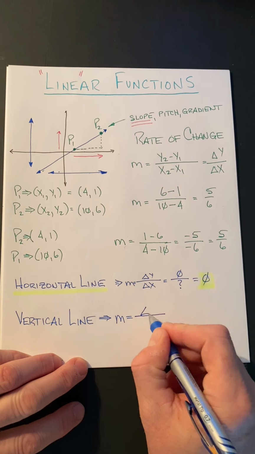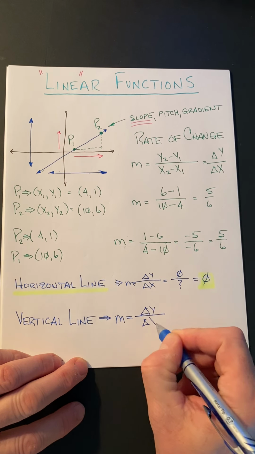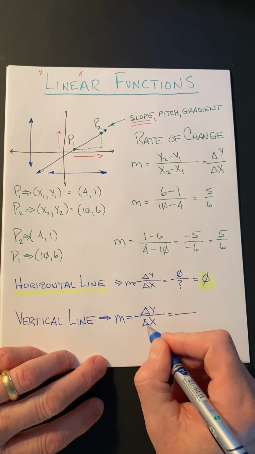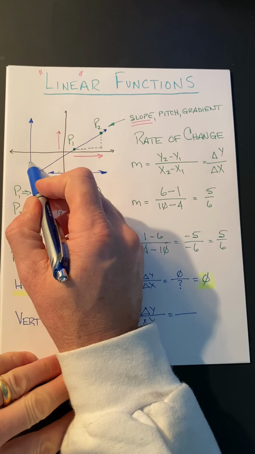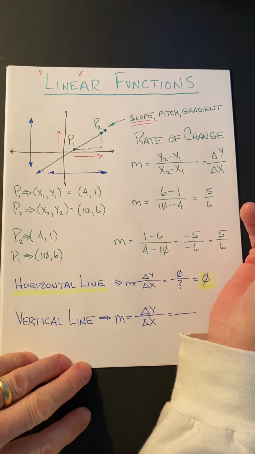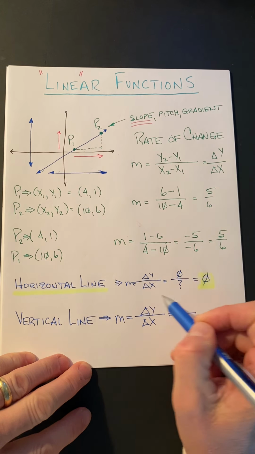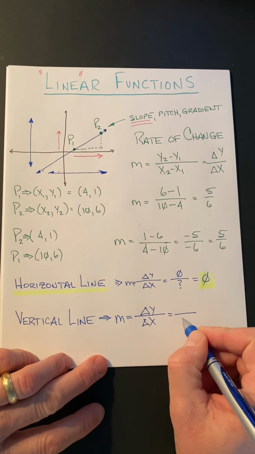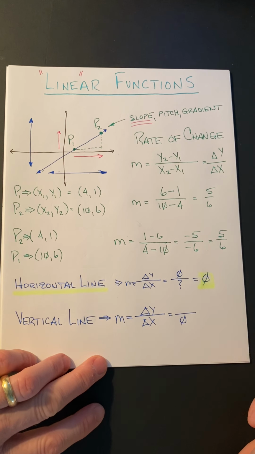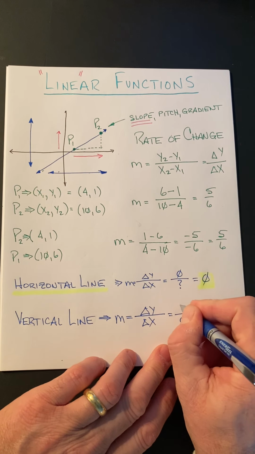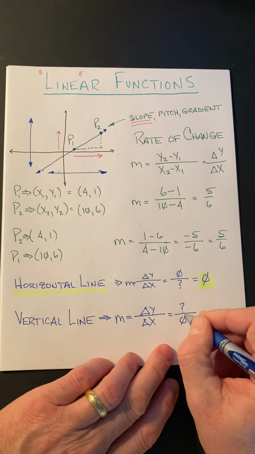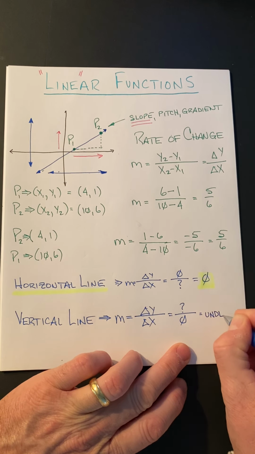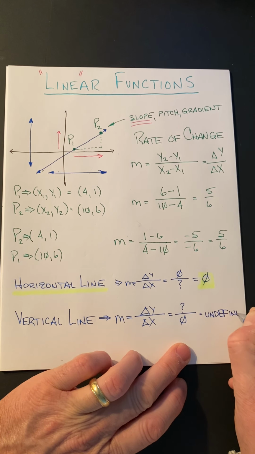Well, I'm going to have this change in y over change in x because that's the slope. The change in x from this point to this point, x is the same. So again, just like I had up here with the y's, if I subtract something from itself, I'm going to get 0 in the denominator. And it doesn't really matter what's in the numerator because anything divided by 0 is undefined.